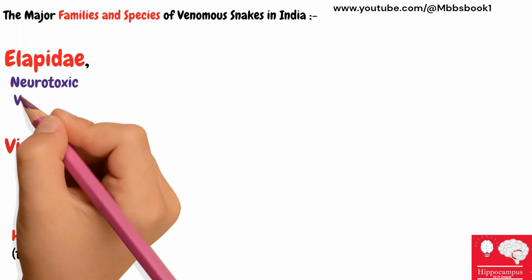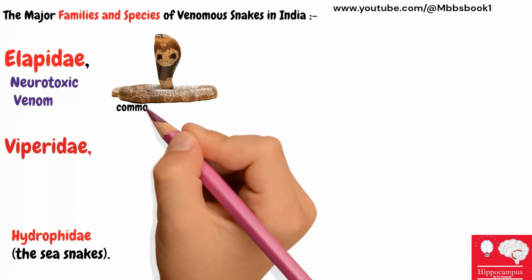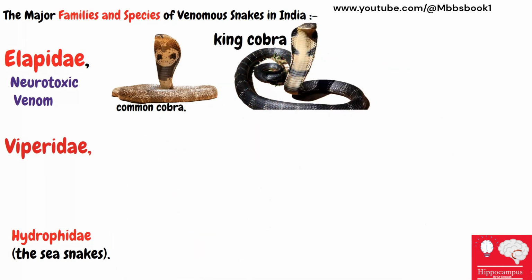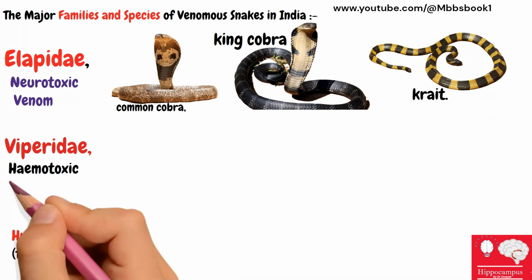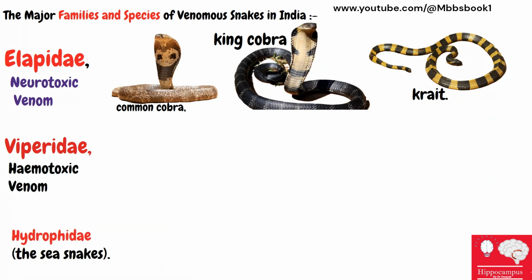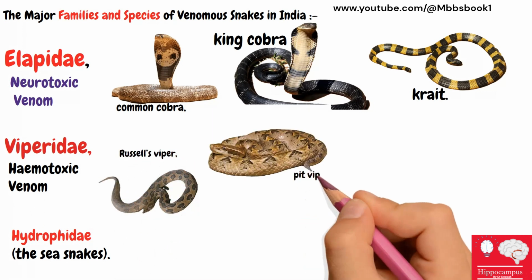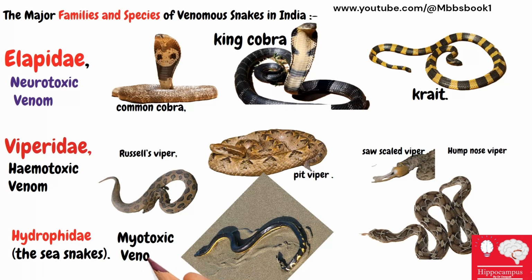The Elapidae family snakes are predominantly neurotoxic, and include common cobra, king cobra, and crate. The toxins of the Viperidae family are predominantly hemotoxic, and include Russell's viper, pit viper, and saw-scaled viper. In Hydrophiidae, there are sea snakes and they are myotoxic.